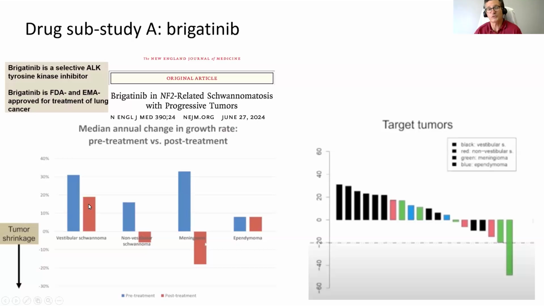I'm not the principal investigator, but in my mind, we will use brigatinib when we have patients with multiple growing tumors, including vestibular schwannoma. For only vestibular schwannoma growth, I don't think it's the best drug.